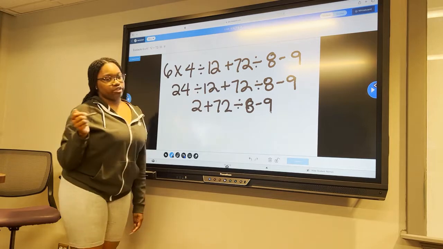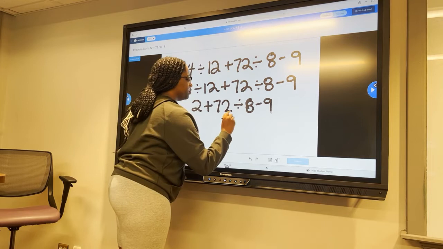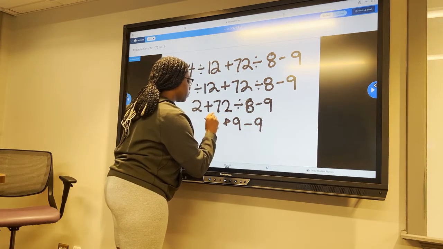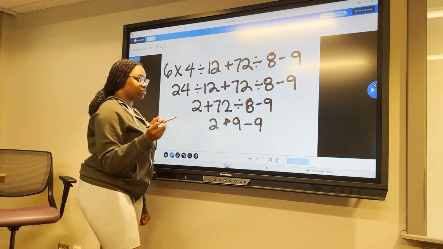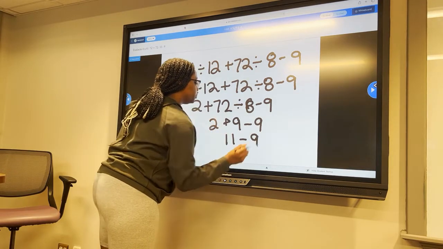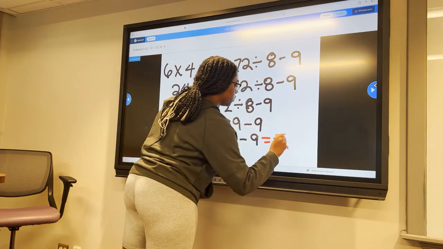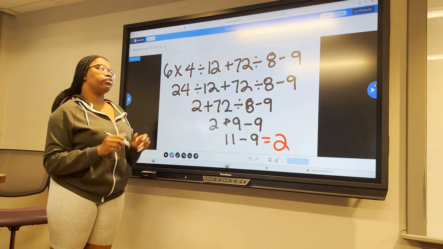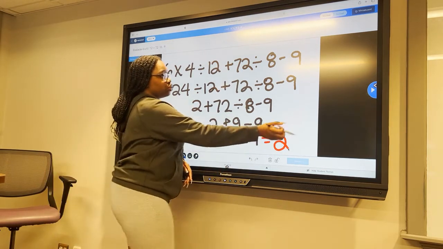What's the next step to solve our equation? 72 divided by 8, which equals 9. From left to right, what will we do next? 2 plus 9, which equals 11, minus 9 equals 2. So our equation, 6 times 4 divided by 12 plus 72 divided by 8 minus 9, equals 2.